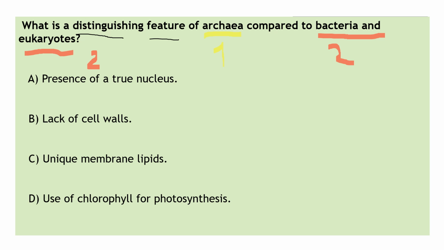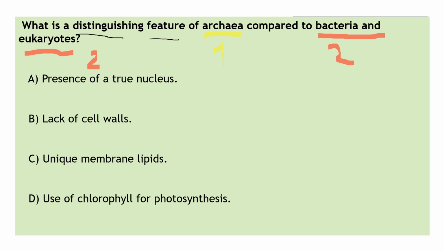Okay, so this is something that is relatively more difficult, and we're going to use the knowledge that we have from high school, from elementary school, and also some of the things that we learned. And let's see how far we can answer. Let's start with the first option, A, the presence of a true nucleus.